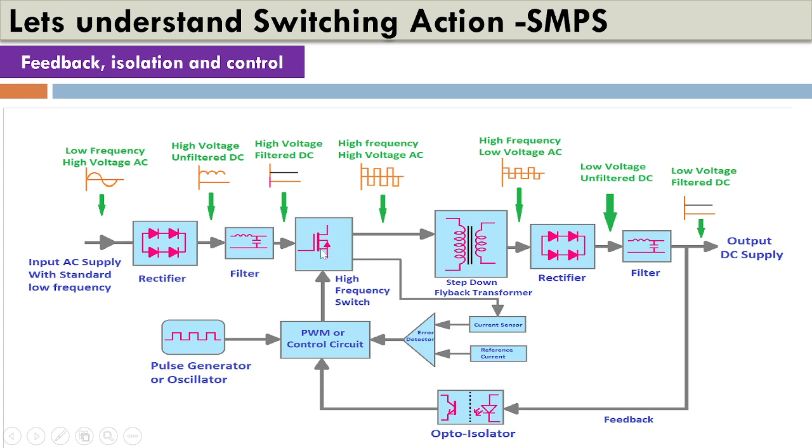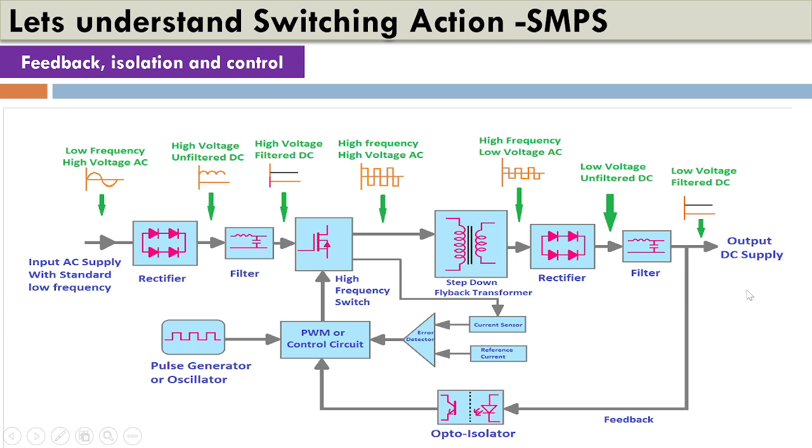The switching action is carried out by an oscillator, and we have a PWM or control circuit which gets the information from the secondary side of the transformer. In the secondary side of the transformer, you will have a load connected across it.